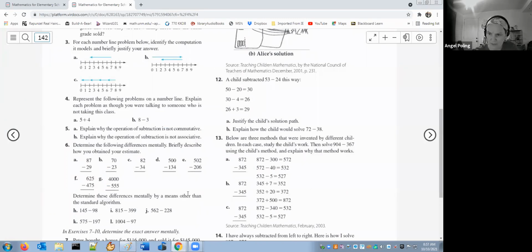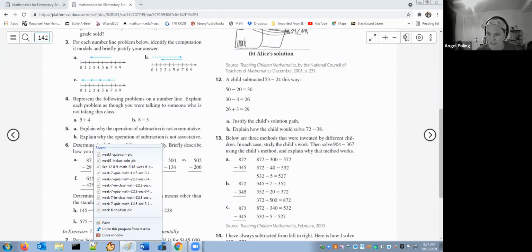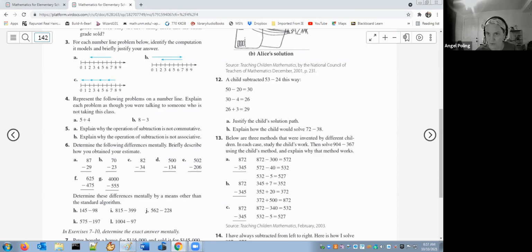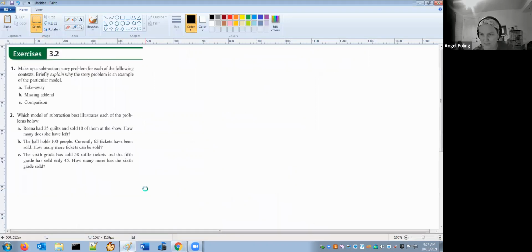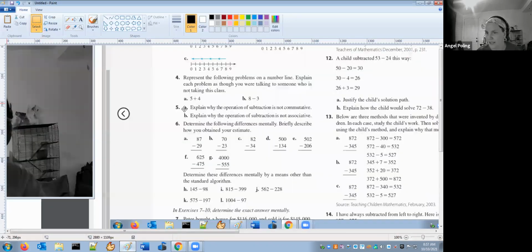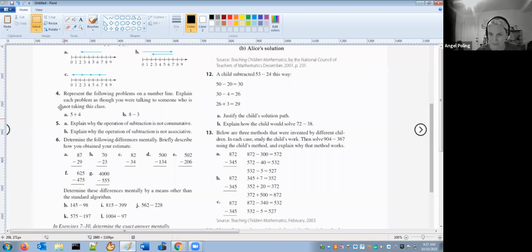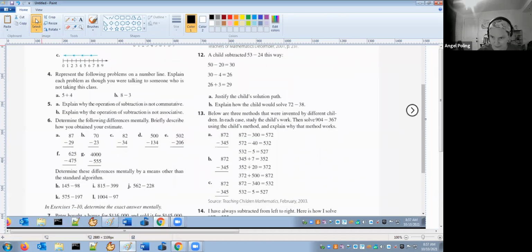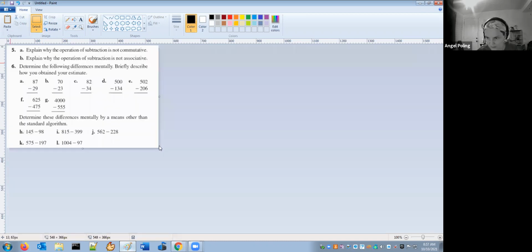I said following, but there's no following. Basically, explain why we don't have those properties. So let's take a look at 5. Then they also wanted us to do parts of 6. So we'll keep 6 around as well. And all of that is 6. So let's keep that.